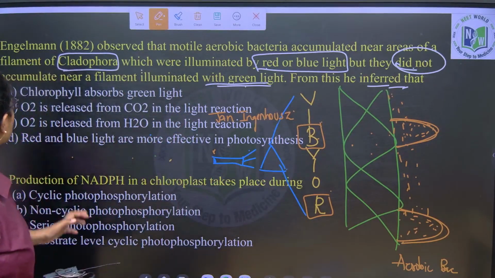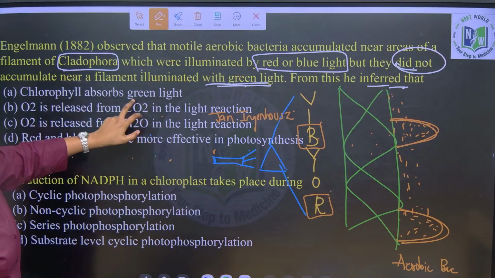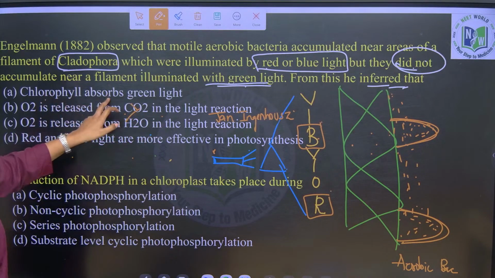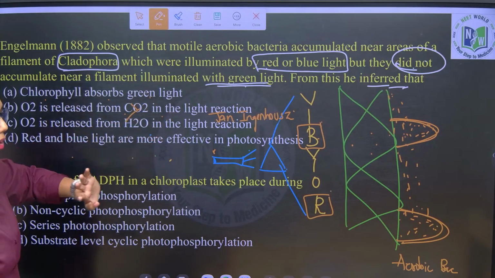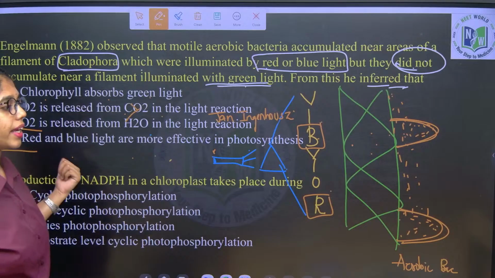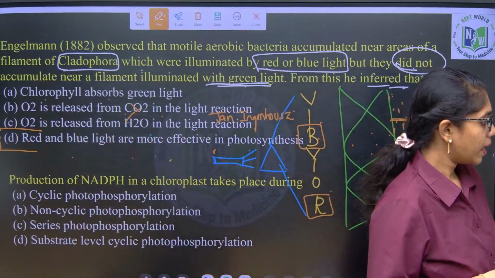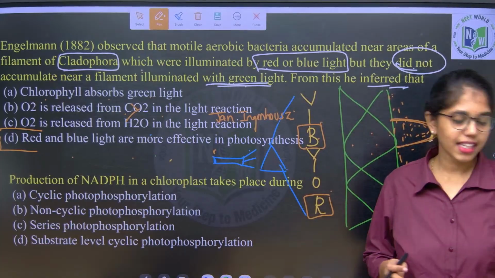Oxygen is released from carbon dioxide in light reaction is nowhere explained. Chlorophyll absorbs green light is from the photosynthesis equation. So here we have to go with option D. I hope this explanation is clear for everyone. Is that fine? Yes, good.